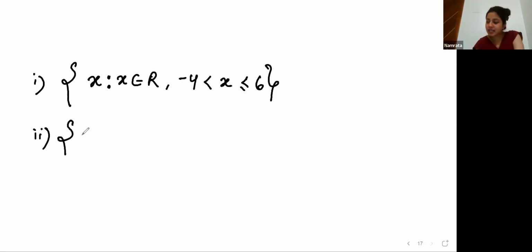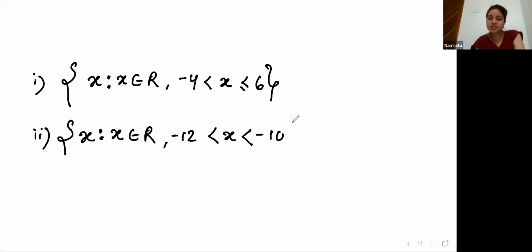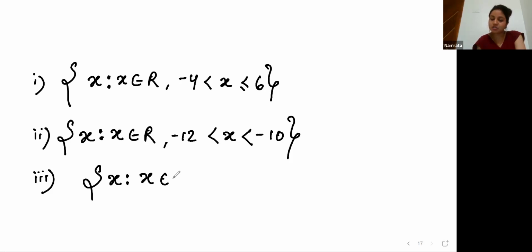The second one is x such that x belongs to R, and here -12 < x < -10. The third one is the set of all x such that x belongs to R and 0 is smaller than or equal to x and x is less than 7.